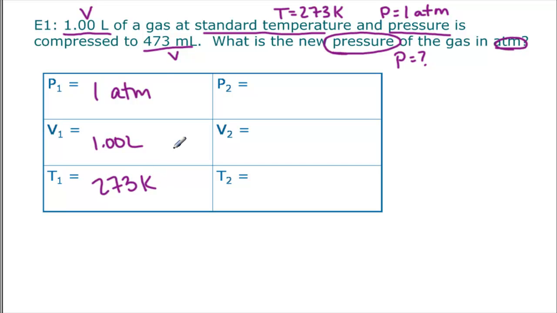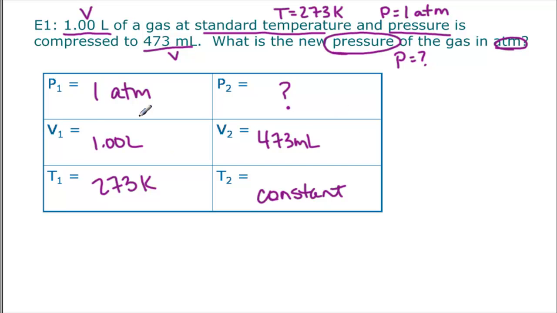So those 3 variables go together. Now P2 is what we're trying to find. V2 is our 473 milliliters, and they don't say anything else about temperature, so what we can do is assume that temperature stays constant.